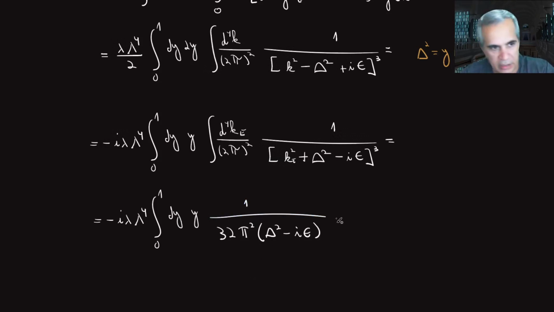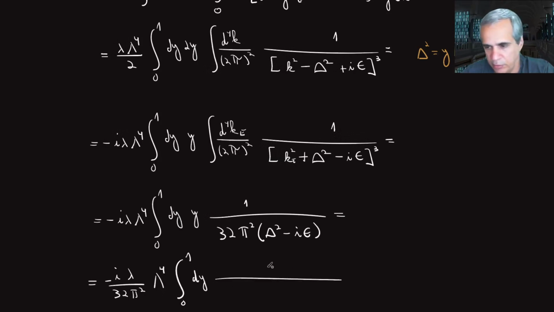Right, which then I can just do some organization and rewrite as minus i lambda over 32 pi squared lambda, capital Lambda 4, integrals from 0 to 1 dy over y over (y lambda squared minus (y minus 1) m squared minus i epsilon).